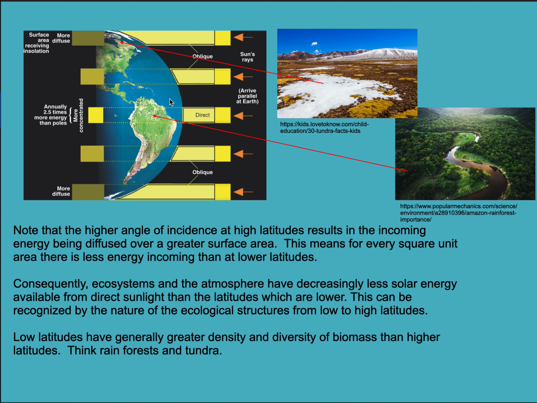Move that solar energy farther north and farther south, and you see the angle of incidence is even greater. That means we've got even less solar energy per square mile or square kilometer occurring. If there's less energy available, then the ecosystem is going to respond similarly, and there's going to be less productivity.